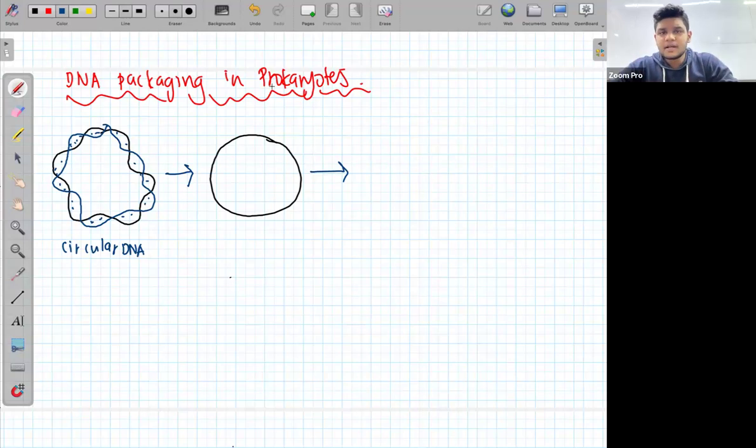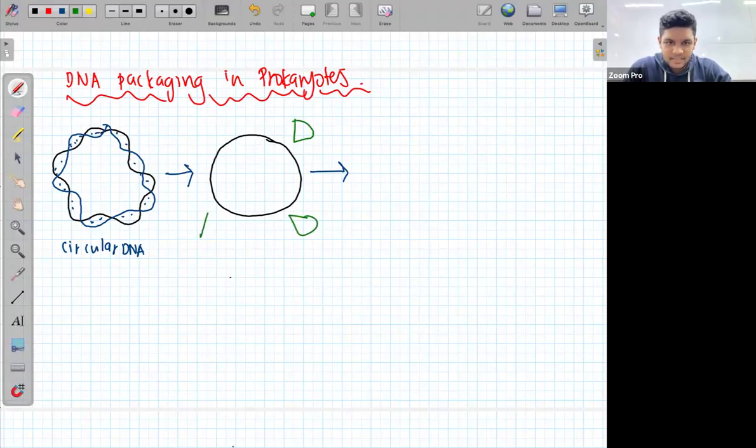Before the DNA packaging, some complexes come in. You know that in a cell, DNA is not the only component. There are proteins, carbohydrates, multiple components present in a cell. Similarly, here in the cell there is a complex called the core.